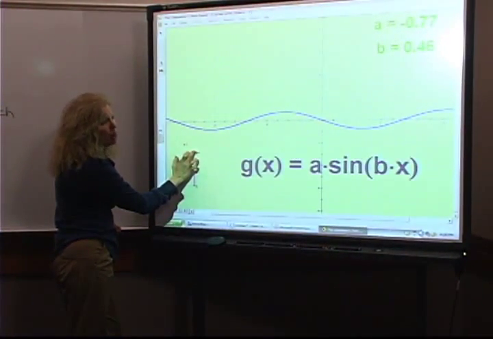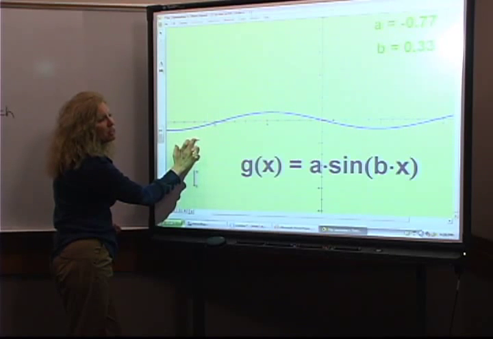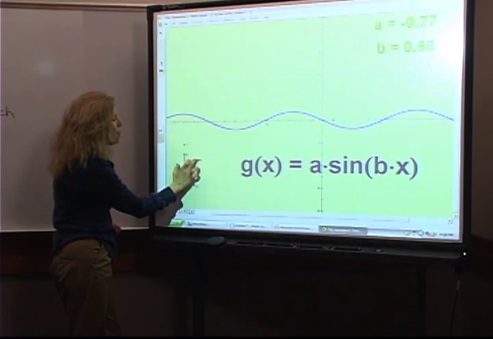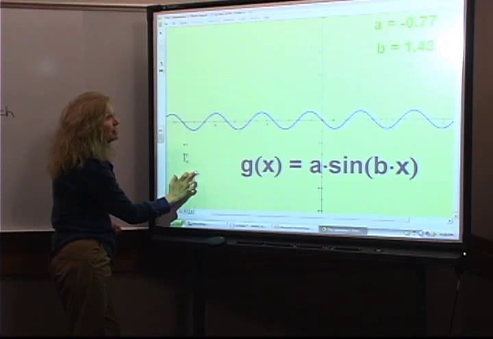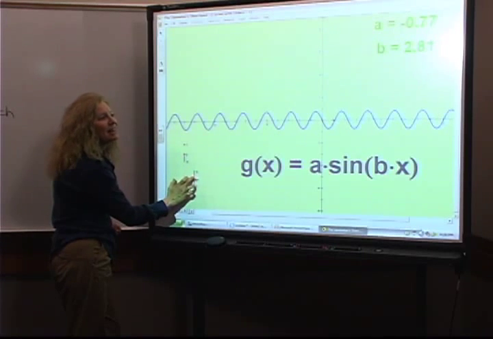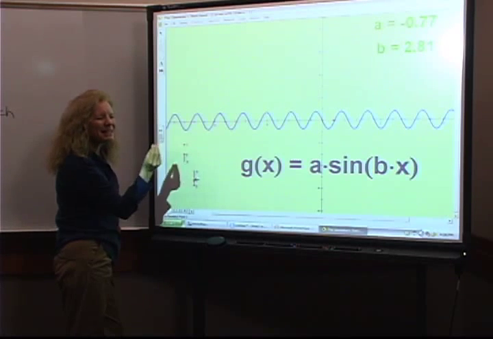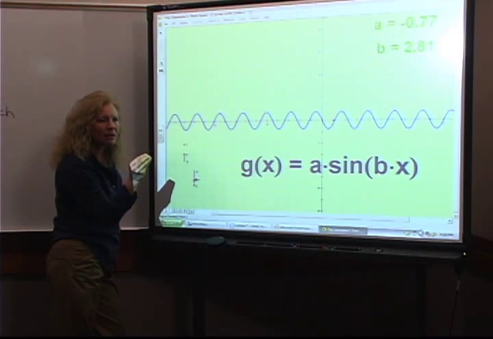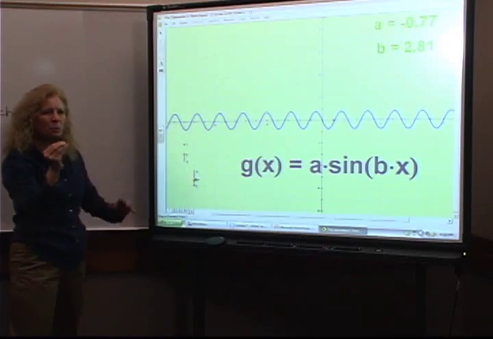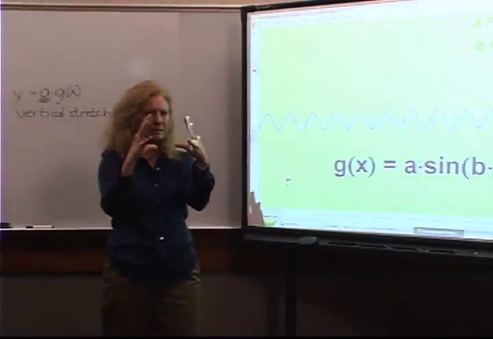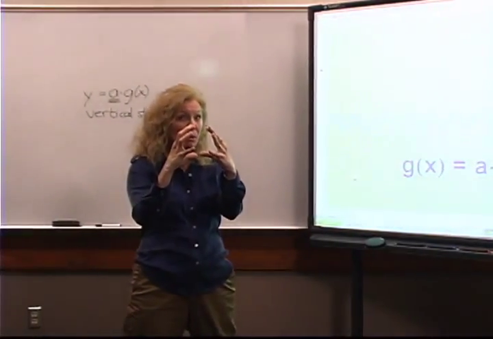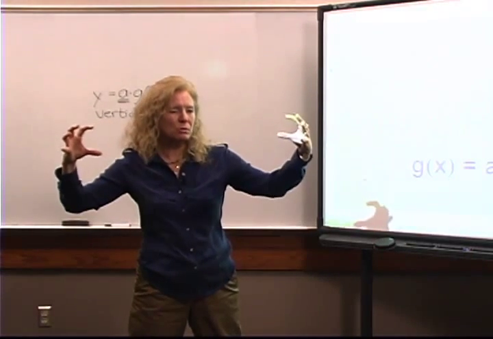Well, actually, B is smaller than 1 there. When B is smaller than 1, it's stretching it. When B is bigger than 1, it's compressing it. Now, doesn't that seem opposite of what you think? When B is bigger than 1, it compressed. When B was smaller than 1, it stretched.